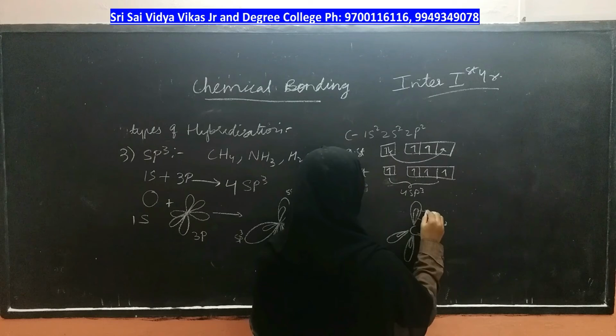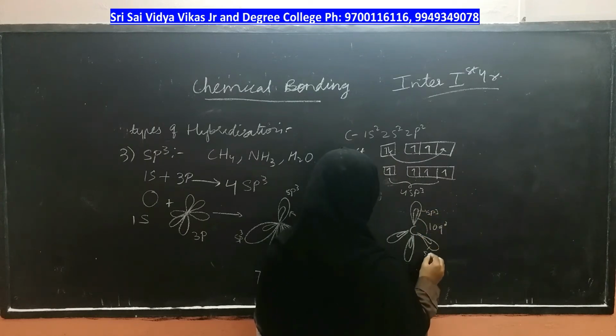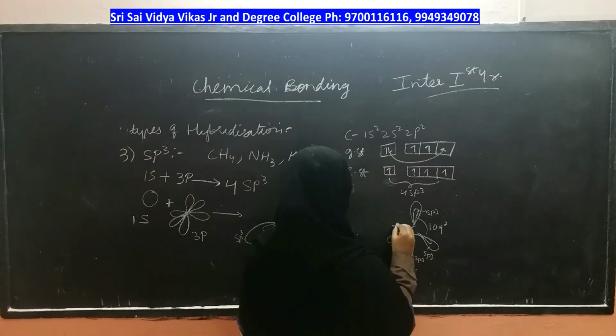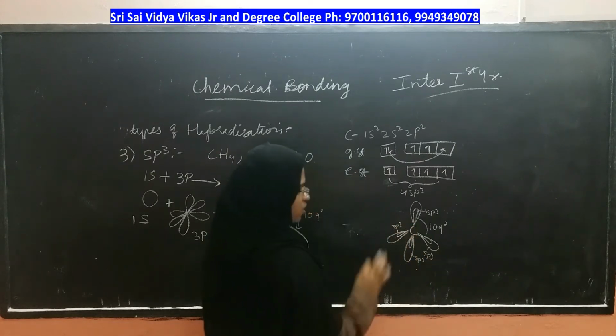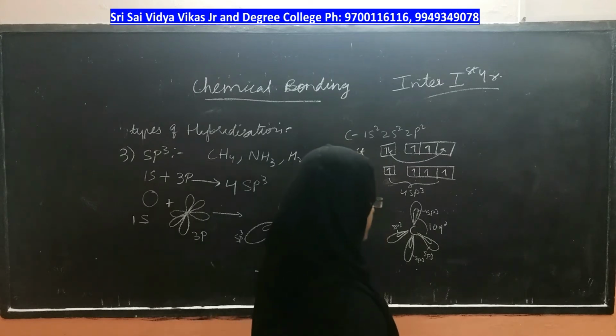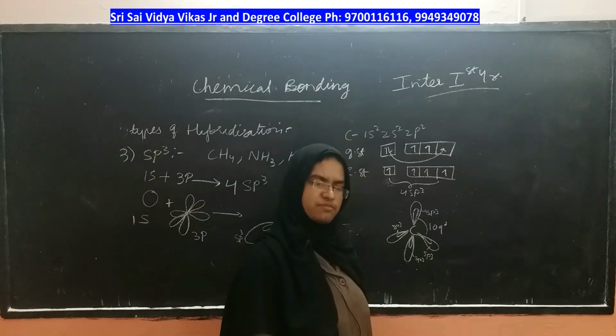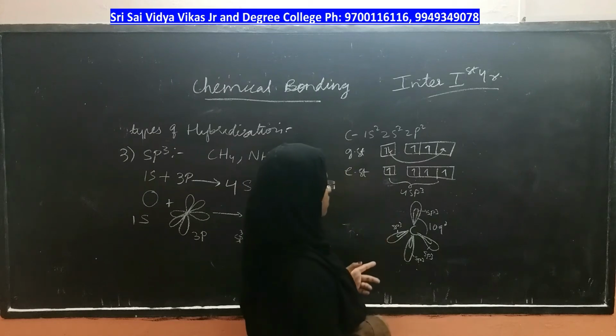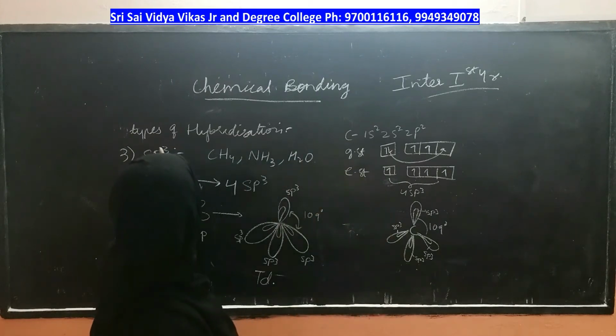This is sp3, this is also sp3, this is also sp3, this is also sp3, right? Now once sp3 hybridization has taken place, the overlap will be very easy. With whom should they overlap? Hydrogen atoms. How many? 4.